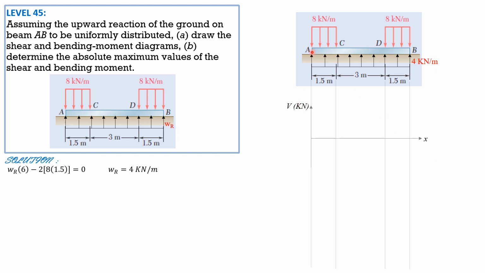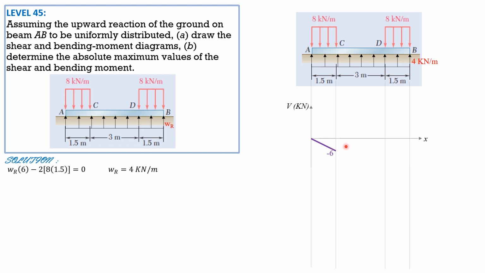Beginning with 0 shear here, take note that the net downward load is 4 kilonewton per meter, so minus 4 times 1.5, that's negative 6. So 0 to negative 6, a straight line. For the next, we have straight line also, but positive slope of 4. So constant slope, and the area is 4 times 3, which is 12.